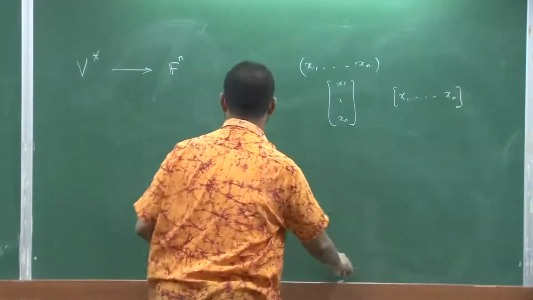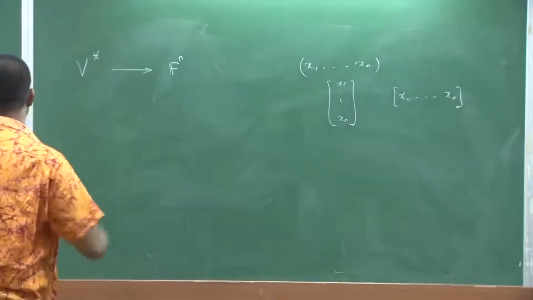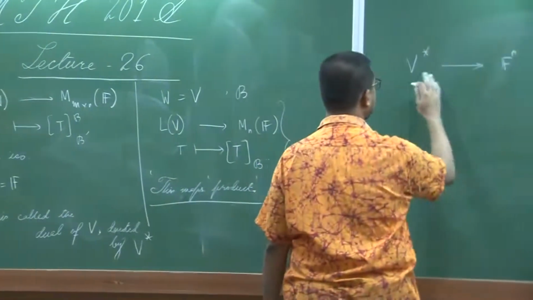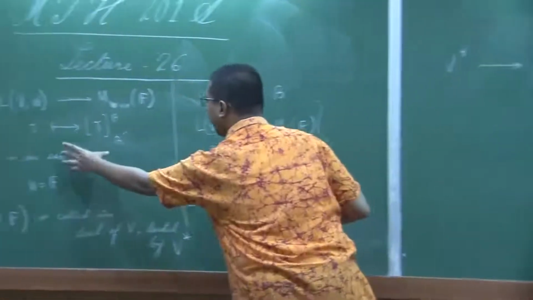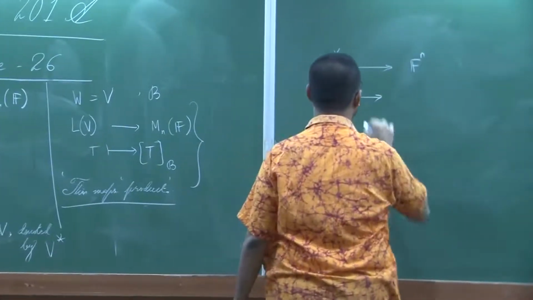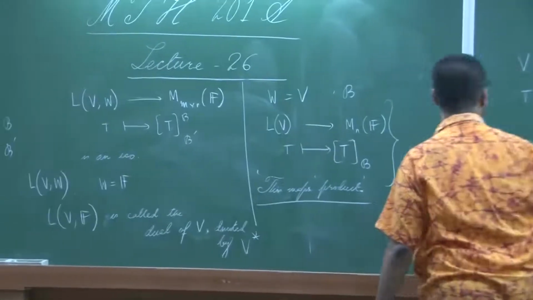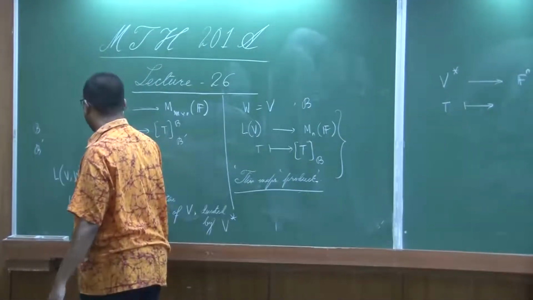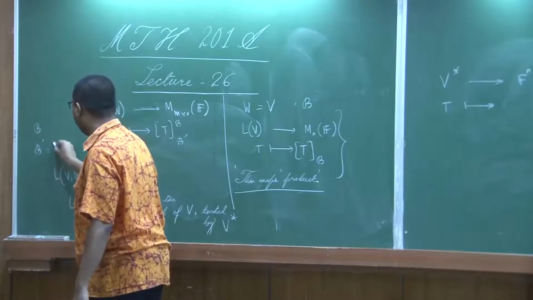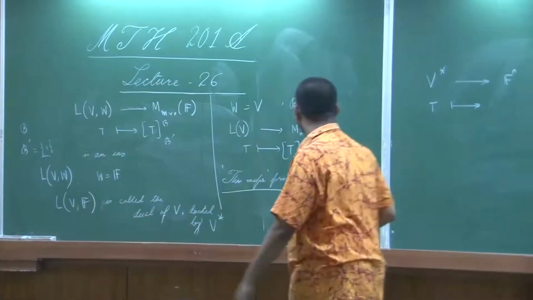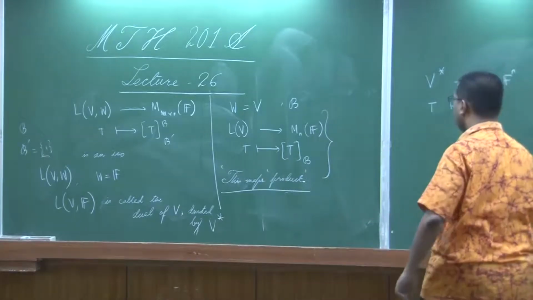We simply write Fn. So in this very particular situation, we would like to see what this map is. So given a T, what is T_BB'? When W is F, for B prime we just take the singleton 1.